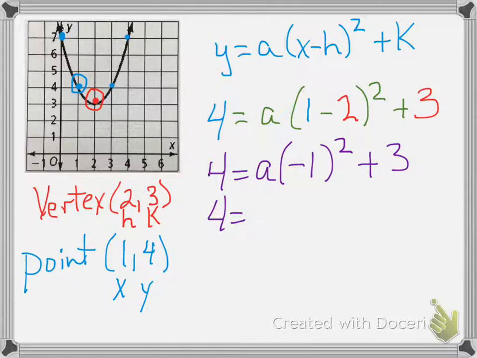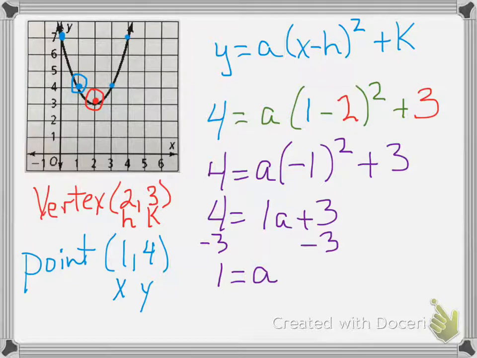So that means that it's always going to be positive because a negative times a negative can't equal a negative. Okay? So that's going to end up being a what? Positive 1. Positive 1. Okay, so we have positive 1a plus 3. All right, then what do I do? Subtract the 3. Subtract the 3 from both sides. So we end up with 1 is equal to a.